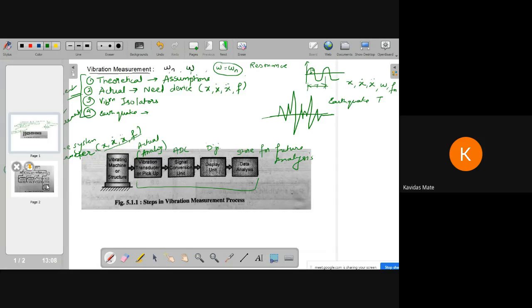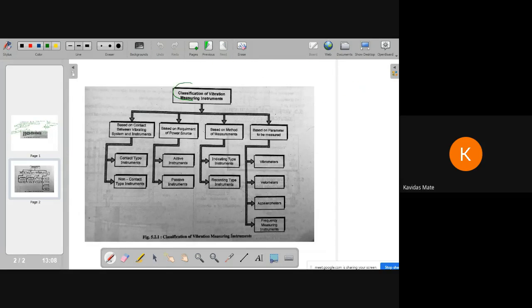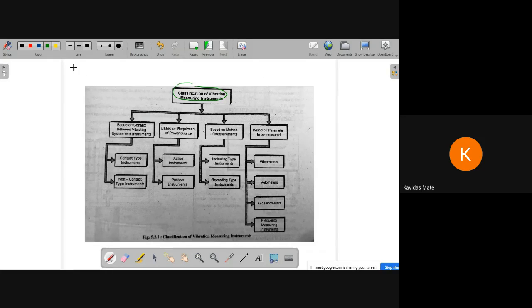Next is the classification of vibration measurement instruments. We are going to broadly classify them based on this tree. First is based on the contact between the vibrating system and the instrument.